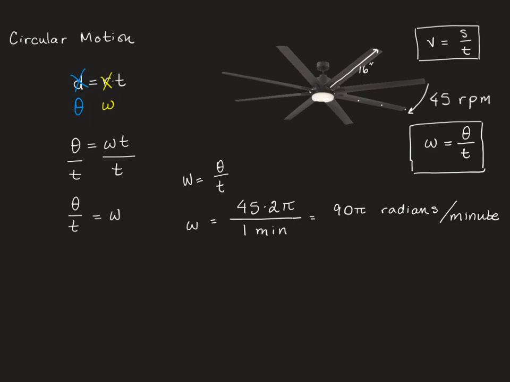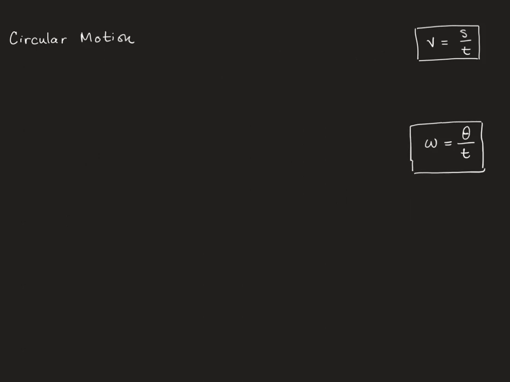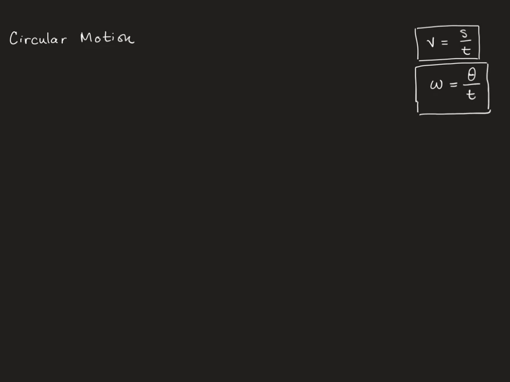Okay, let's set this problem aside for now and we'll just do one more thing with these two formulas. In order to write these formulas in the way in which they're most frequently represented, I solved them for their velocity variable. Before I did that, I had S equals V times T for one of them, and theta equals omega times T for the other.